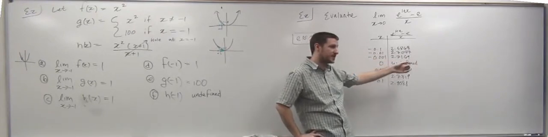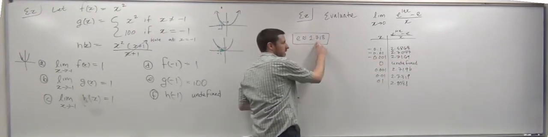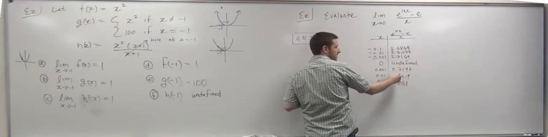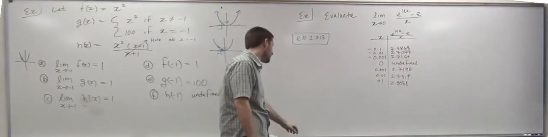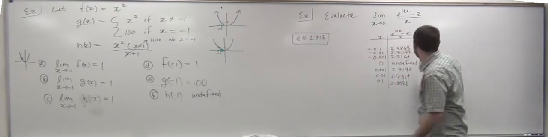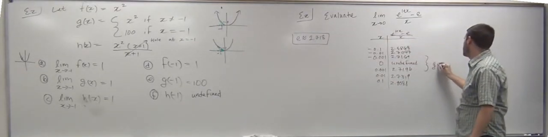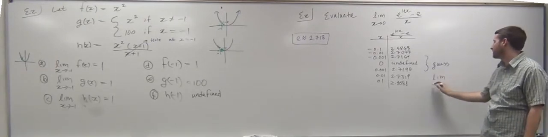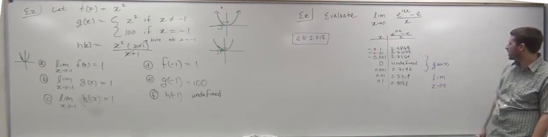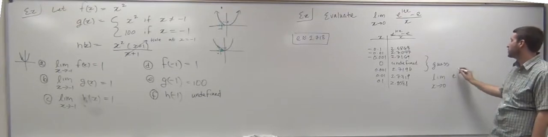You can guess it's going to e because e is about 2.718, and this is 2.717, and this is 2.719. You can guess it's going to e, but we don't really have enough technology yet to show that this is going to e. But it is. We'll do that in chapter 5.